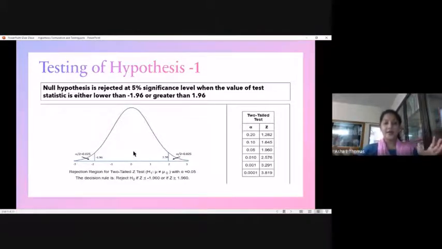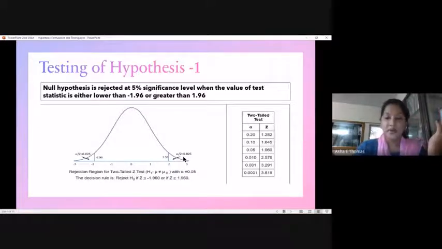So in a two-tailed test, when I'm talking about this area, it will be 1 minus alpha. Alpha is the probability of me risking the answer by rejecting the null hypothesis when it is true. So this region is represented as 1 minus alpha. It's very simple, it's logical, right? If I say these two regions are called alpha, the value in each tail is nothing but alpha divided by 2.